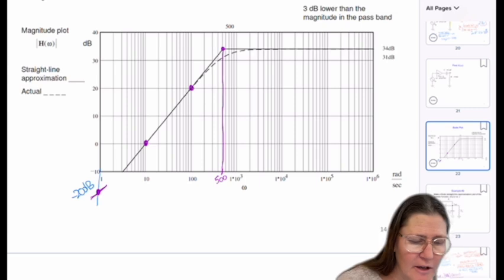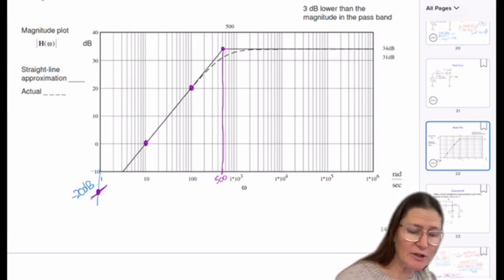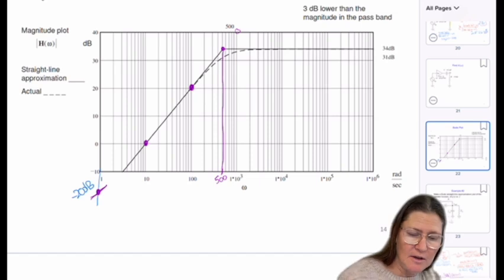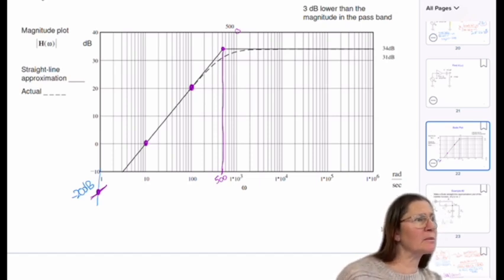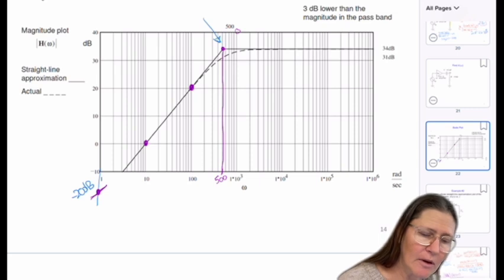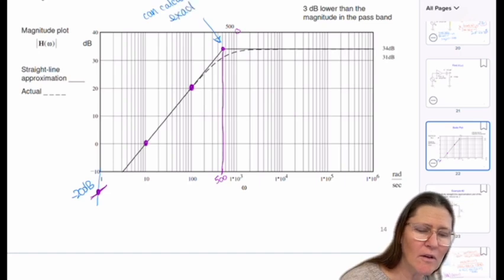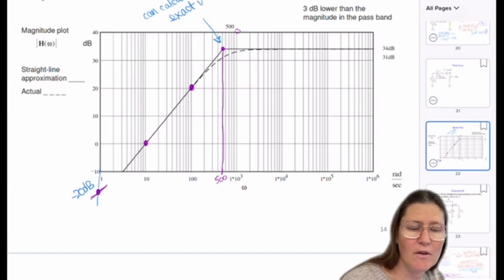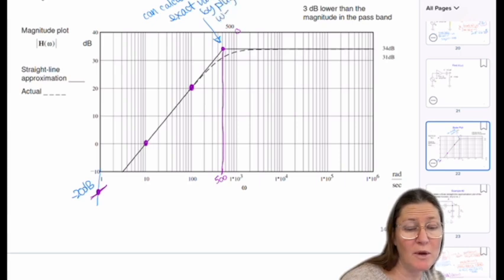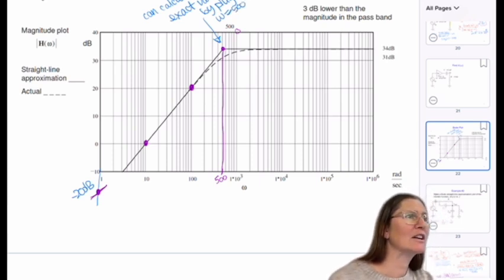At 500, I'm going to be in between this point at 20 and this point at 1,000, which would be at 40, somewhere in between there. How would I find the exact value there? I would plug omega equals 500 radians per second into that equation for the magnitude, go through that whole process again, take the square root, and I would get the exact value.